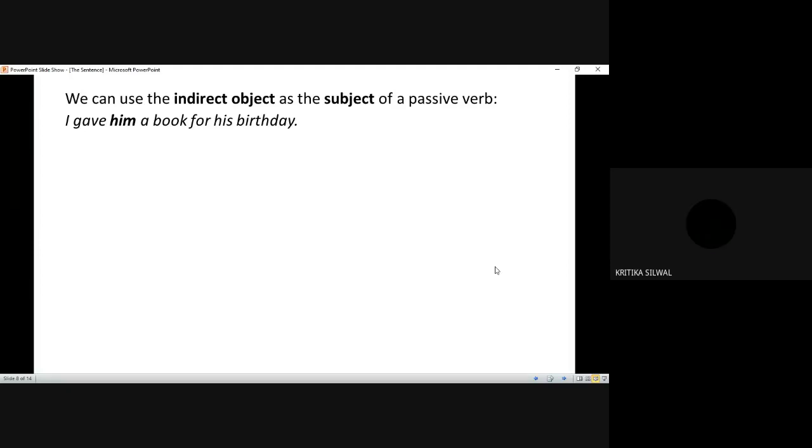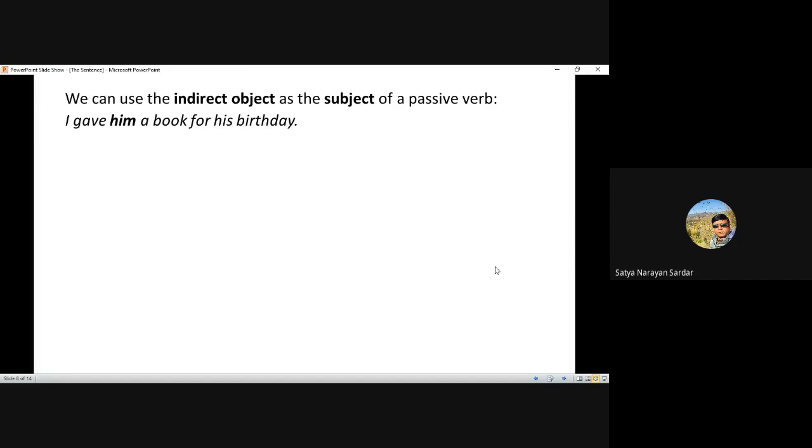No, sir. Okay, then listen very carefully. If a sentence has two objects, like this sentence, him and a book, these two are objects. Whatever the verb directly relates to, that is direct.